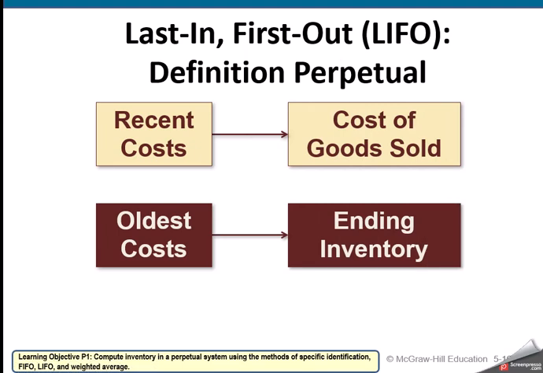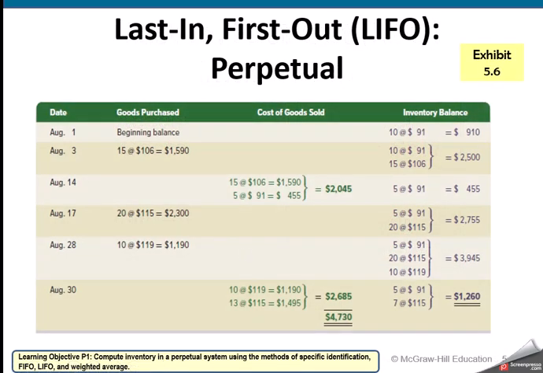Then our LIFO, our last in, first out, says the most recent ones that we purchased are going to get charged off to cost of goods sold. They're going to be sold first. And then the older ones are going to be left in our ending inventory. So now we go through and say, okay, these are our beginning balances and our purchases. We sold 20.